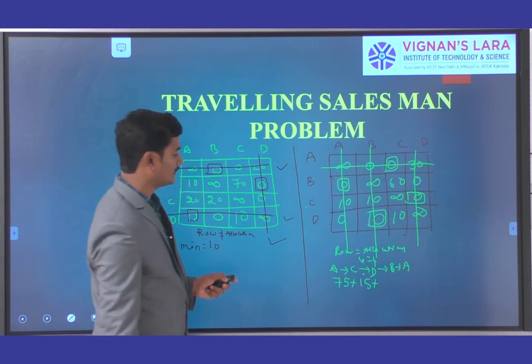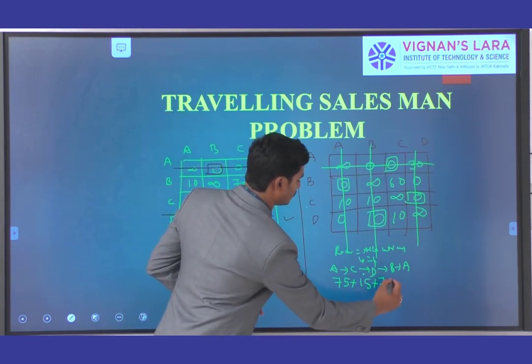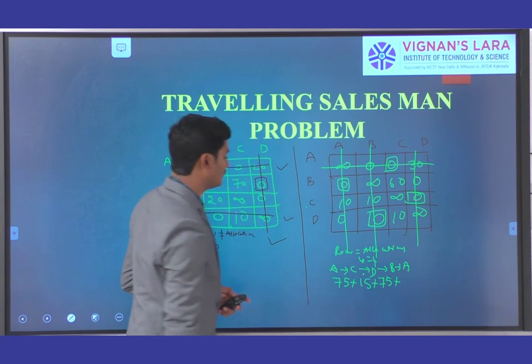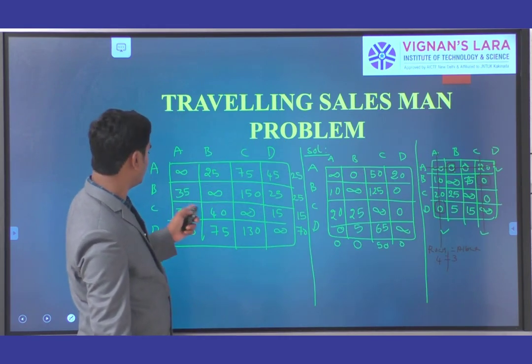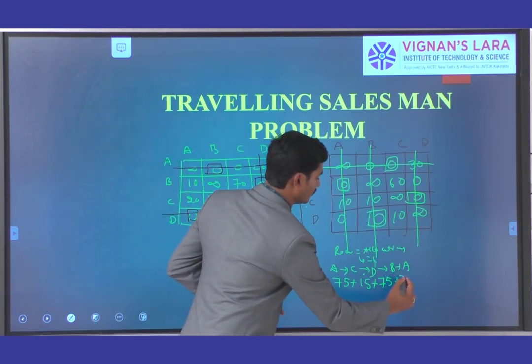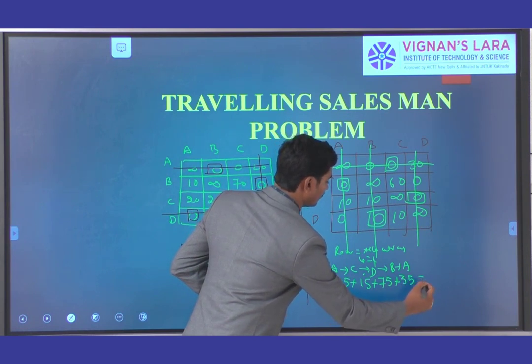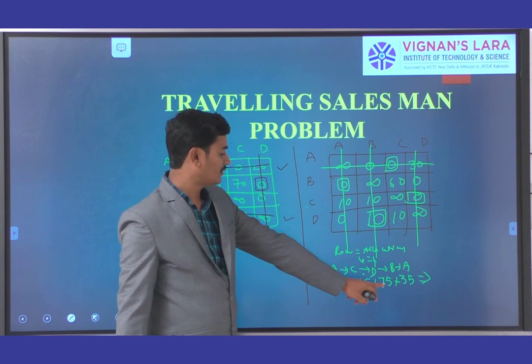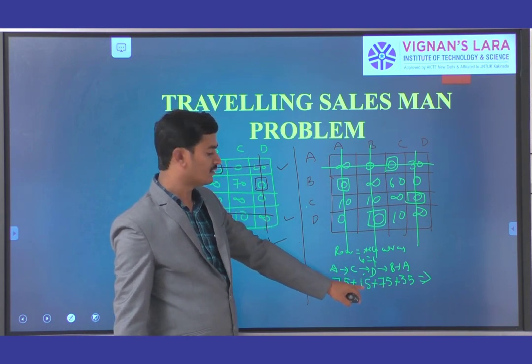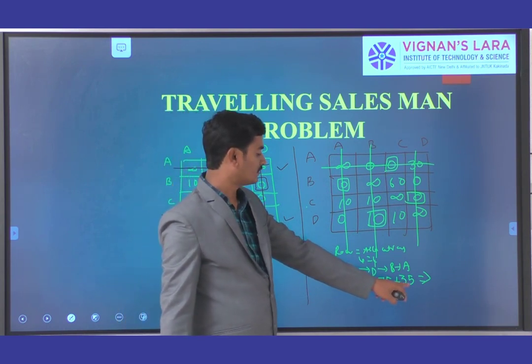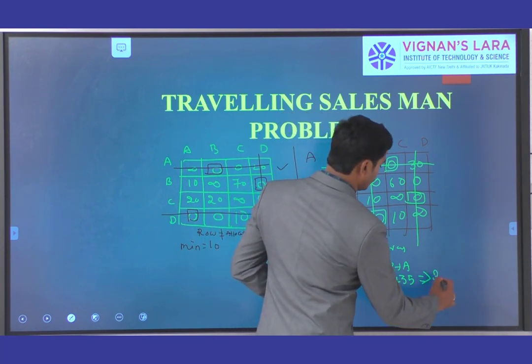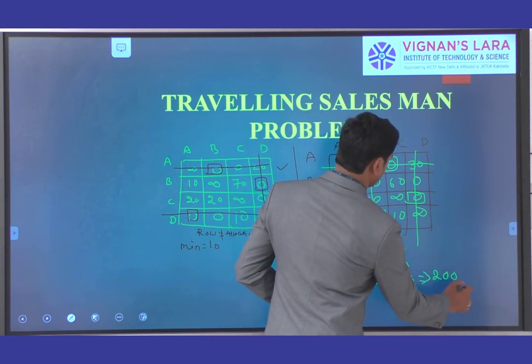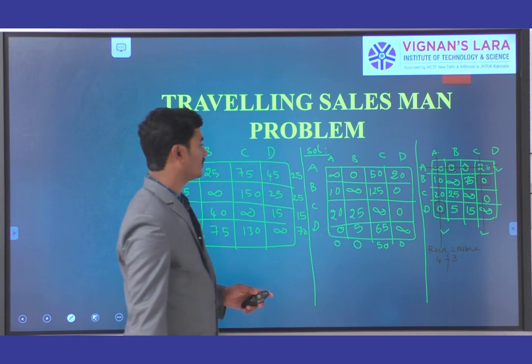D to B is 75, plus B to A. B to A is 35. So this is our traveling cost. Total traveling cost is 200. Okay. Total cost is 200 rupees.